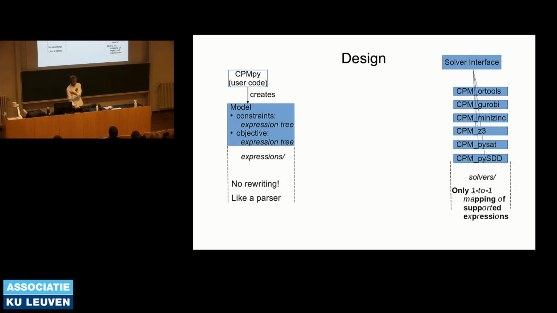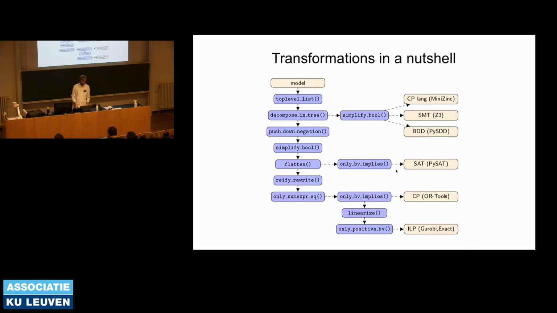That's the design decision here. So this one can be anything. This can be only those that can be one-to-one translated. So that leaves only the hardest part, the middle, namely doing these transformations, doing these encodings. I'm not going to go into the details, but this is what the pipeline currently looks like.